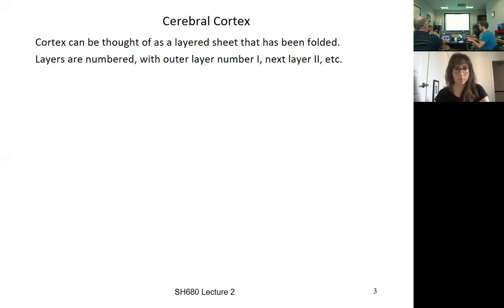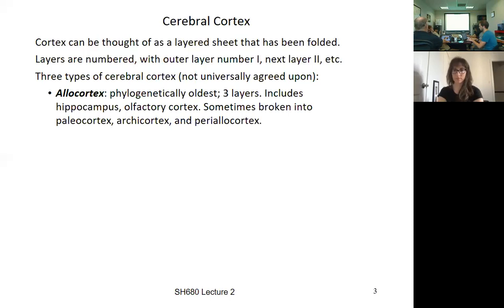Okay, so all of that's neocortex. However, there are other types of cortex, and cerebral cortex is phylogenetically new, meaning that if you go back in the animal kingdom to when cortex first started occurring, the initial cortex was allocortex. And the difference is that allocortex had fewer layers.